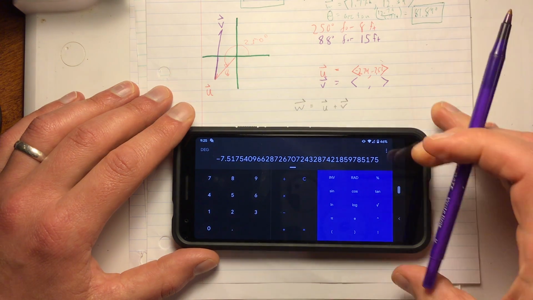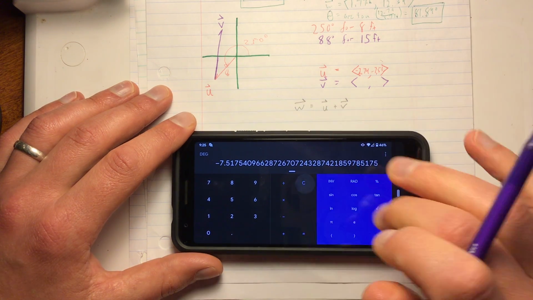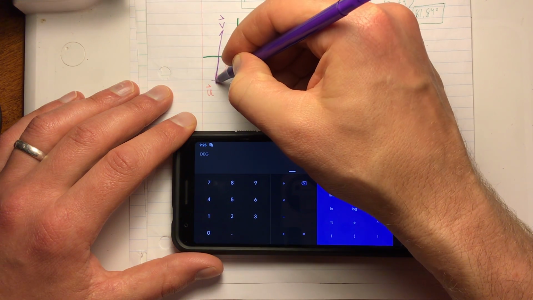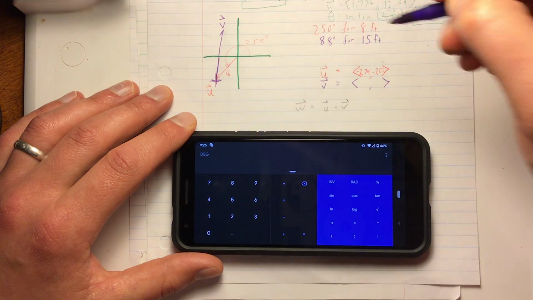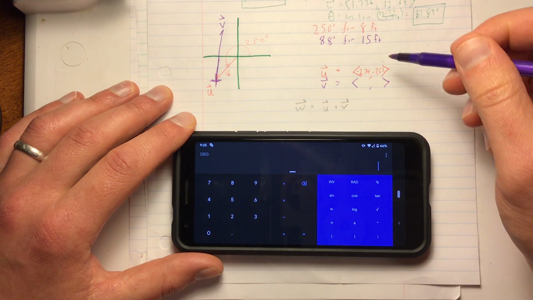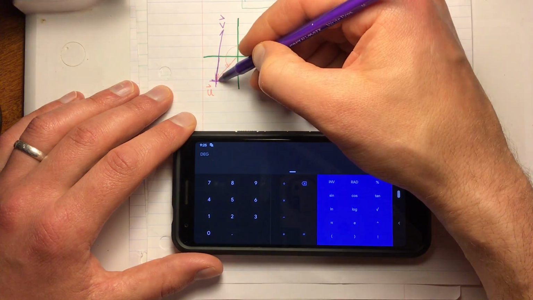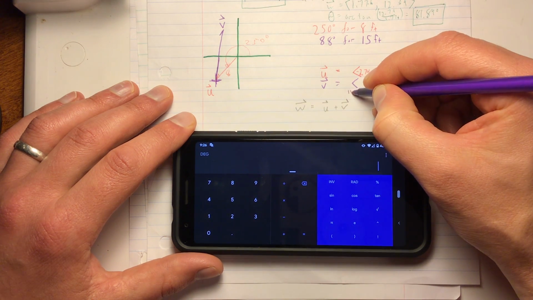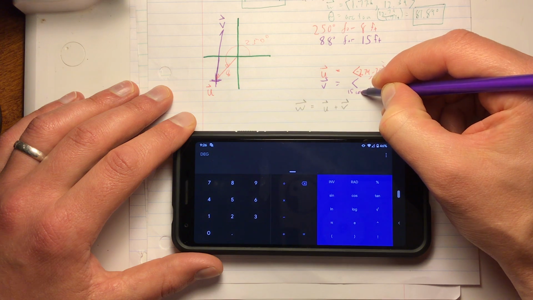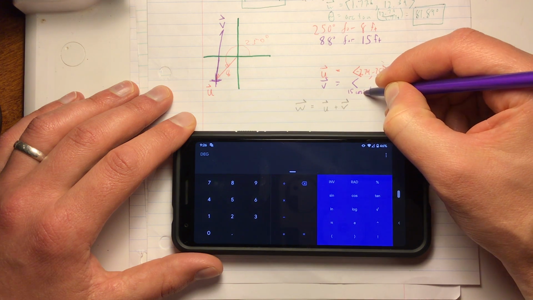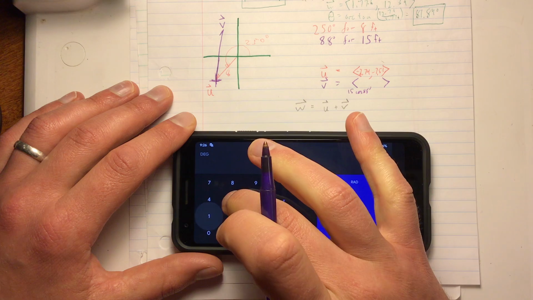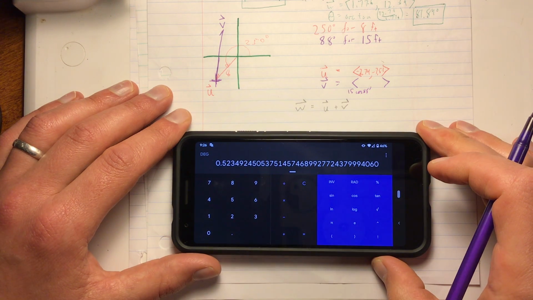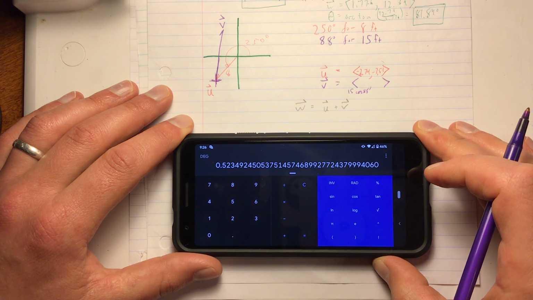To find the other vector. So once we got here, remember we make a new kind of a new origin, and then we're going to go 88 degrees, so almost 90, for 15 feet. Okay, 15 times the cosine of 88, we get 0.523.